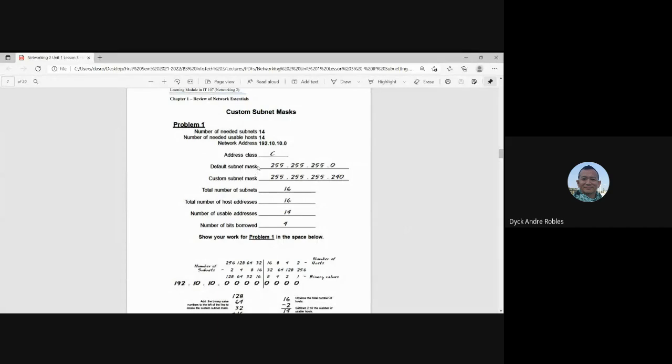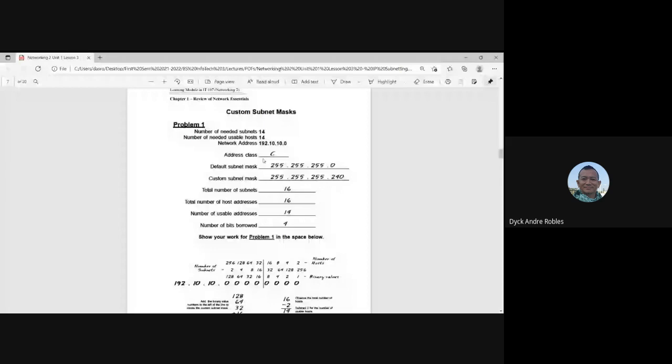So the next question here, what is the default subnet mask? By default, the first three octets would be the network address and the last octet would be the host address. So by default, the first three octets become 255, and the last octet, the host portion, is 0.